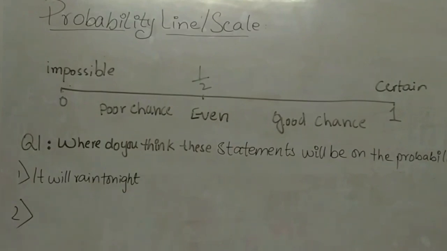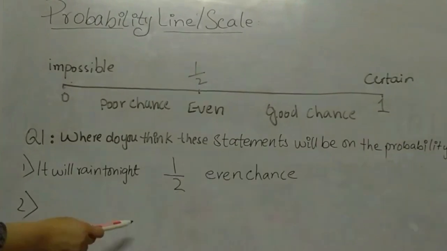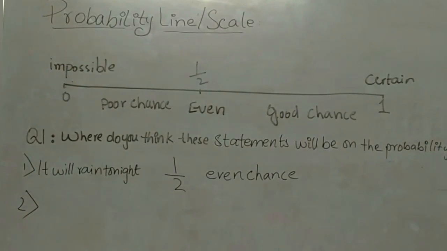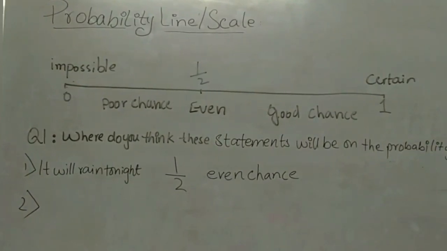I think we can say that there are 50% chances either there will be rain or not. So there is even chance. So we can write in fraction form like this, half, and in words, even chance.